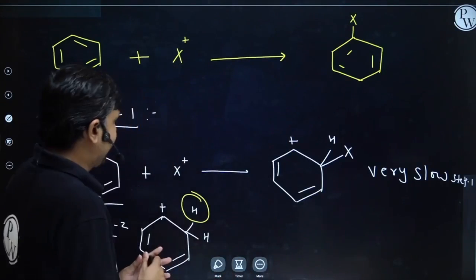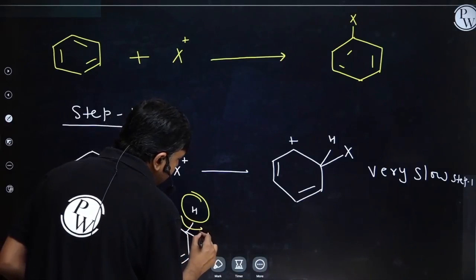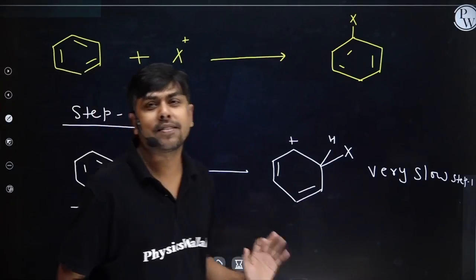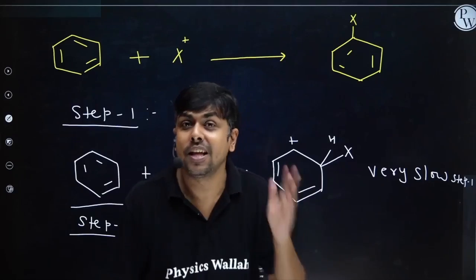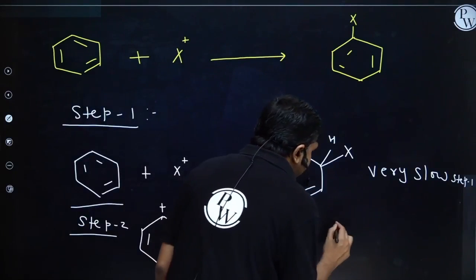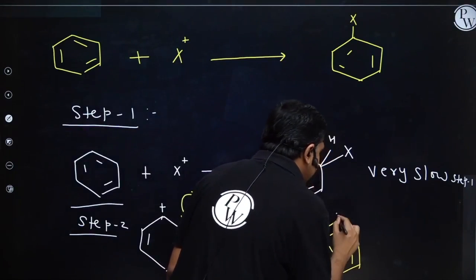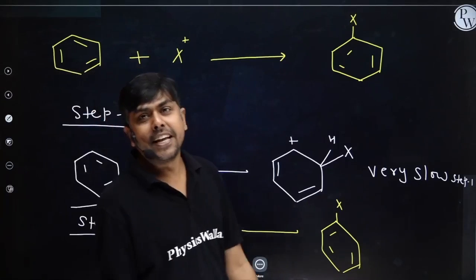If it is acidic in nature, it will be removed in the form of H plus. We will have deprotonation, removal of hydrogen in the form of H plus, and I will have the formation of this aryl halide. So in step 2, aromaticity is regained.